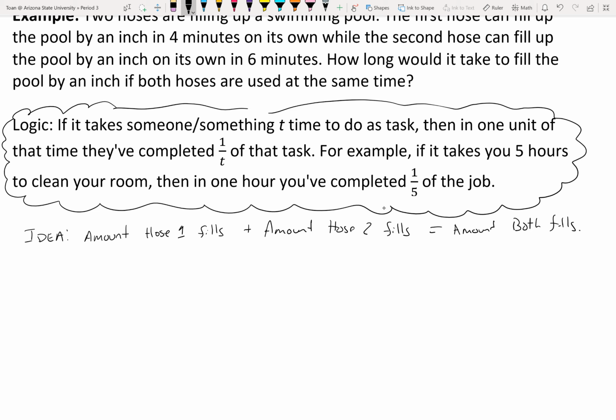That's sort of a no-brainer, right? Isn't it true that if you take how much one thing fills plus the other thing fills, that obviously equals the total amount that was filled, right? Okay.